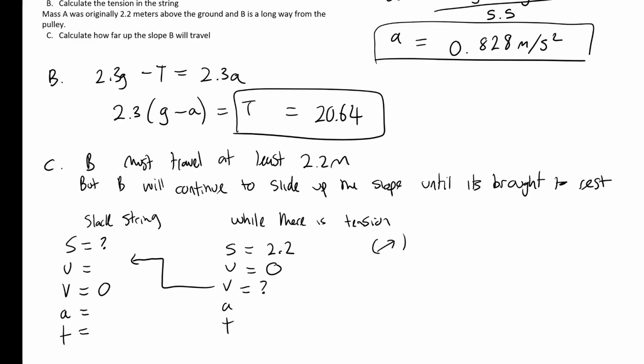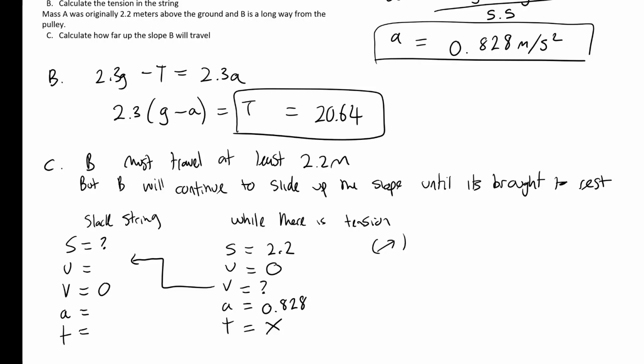So that would give us u when the string is slack. The acceleration we do know, that was worked out in part A, so that's 0.828. And the time that this runs for, we neither know nor care about.